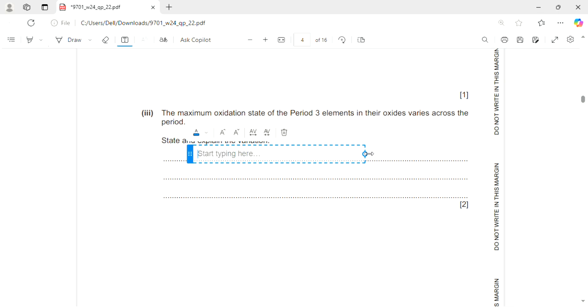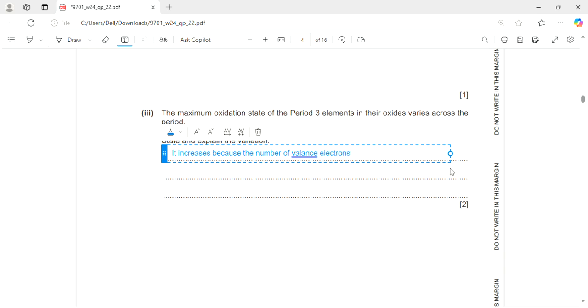I think it increases, because the number of valence electrons increases. All right.